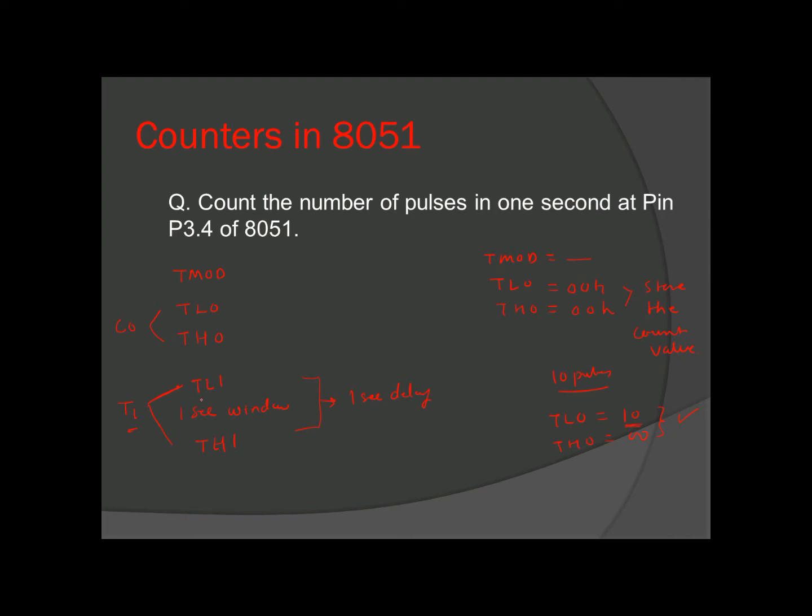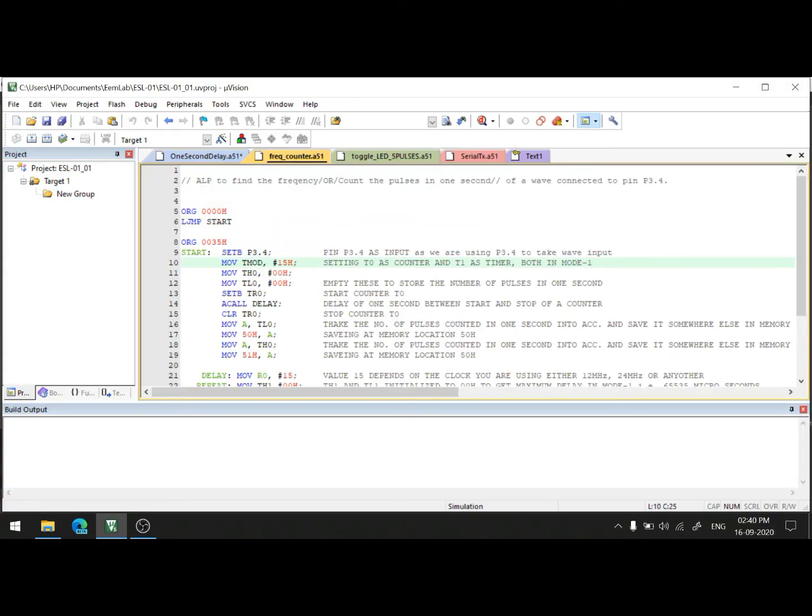As we know how to set the values of TL1 and TH1 for a 1 second delay, we'll not go into that. Let's go for coding. So to count the number of pulses in 1 second applied to pin 3.4, pin 3.4 should be made an input pin.